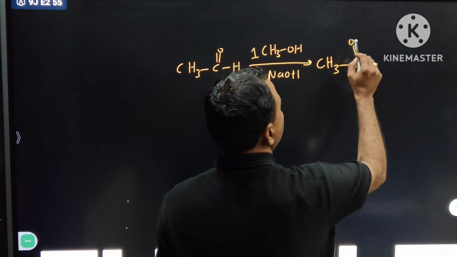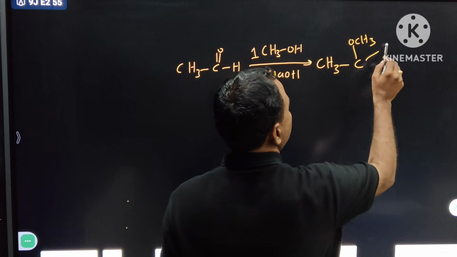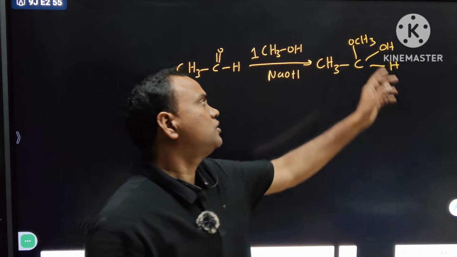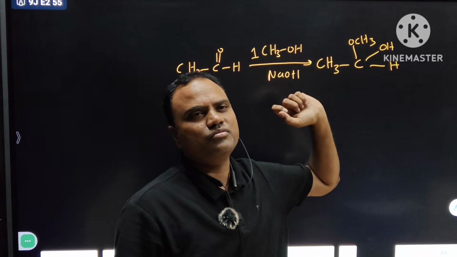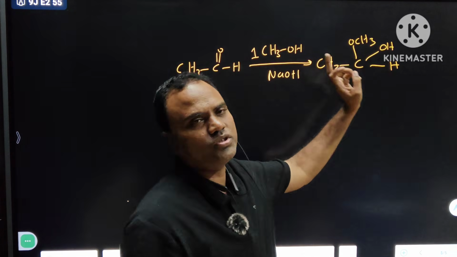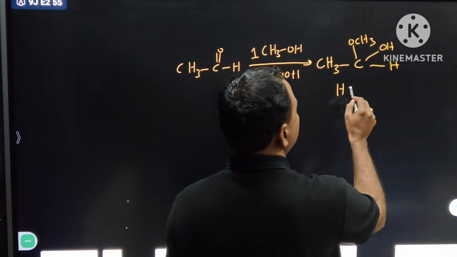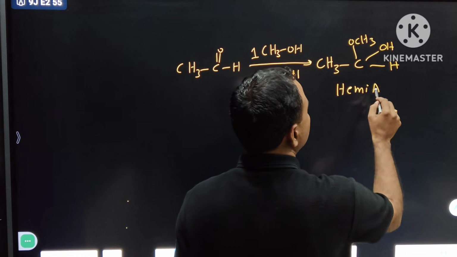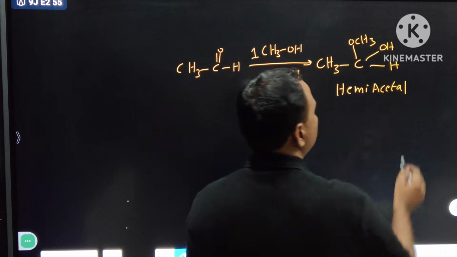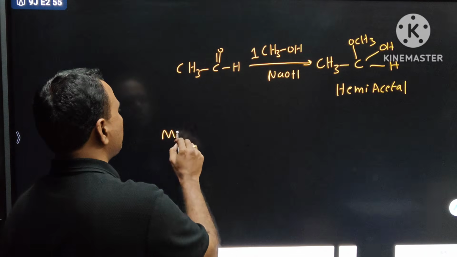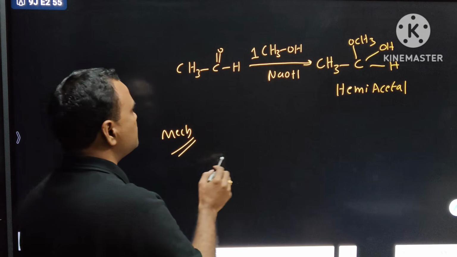Hemi means half. OCH3. In the previous case, we got two OCH3 groups, right? Here only one OCH3. That's why it is hemi. Hemiacetal. Okay, right. See the mechanism for it. Shortcut mechanism here also.